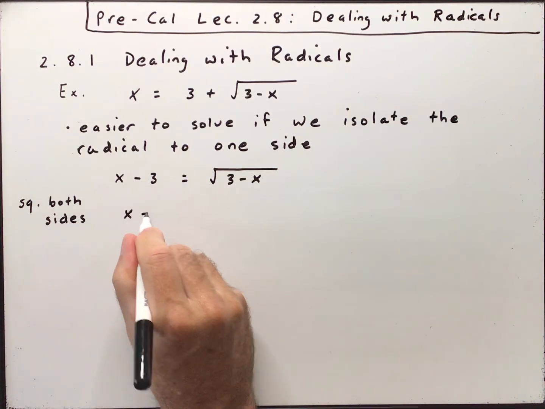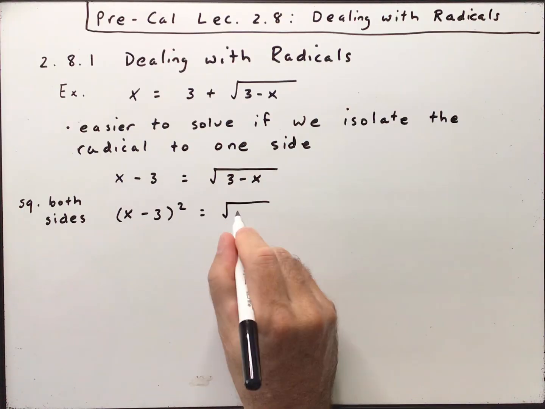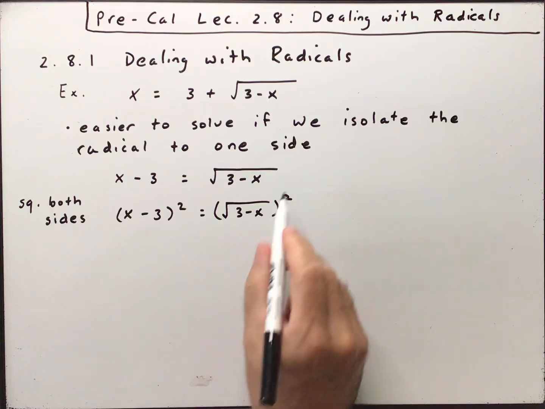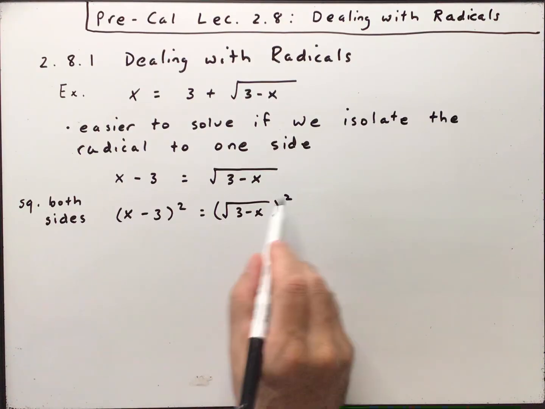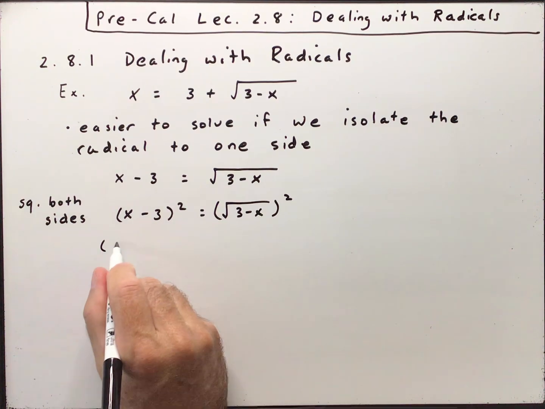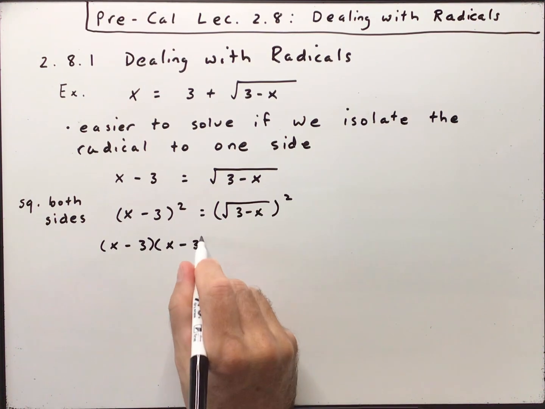So when you do that, we have x minus 3 all squared is equal to the square root of 3 minus x all squared. And that makes the radical lift. Squaring the square root of something removes the radical. And then I'm going to FOIL this out, the left side.